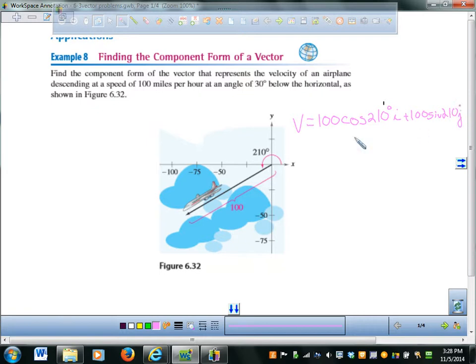Okay, and that's in degrees, and you want to be in degree mode for this one. I could have written it as 100 times the quantity cosine 210i plus sine 210j, but this is quicker.